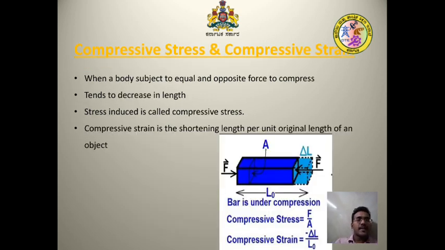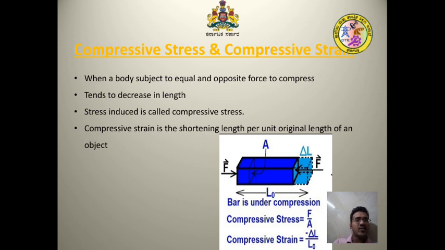Okay, in this content we will discuss what is the compressive stress and what is the compressive strain. We have discussed the various loads. Depending upon the various loads only, the corresponding stresses and the corresponding strains will occur, right? In the first slide we discussed the types of loads.